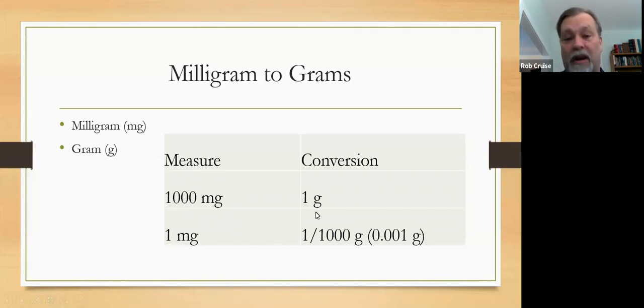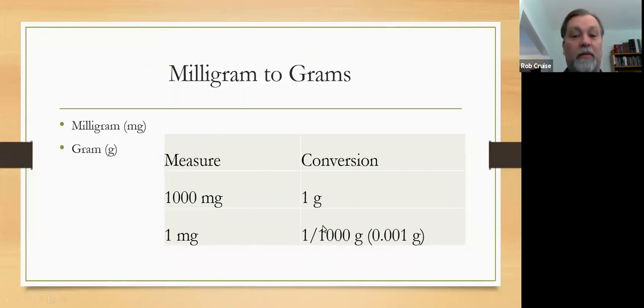So remember, a dollar bill, the paper money that's used in the United States, is a weight or mass of 1 gram. If you cut that dollar bill into 1,000 pieces, you would have a milligram. And if you cut that milligram into 1,000 pieces, you would have a mic. So very small unit of measurement.